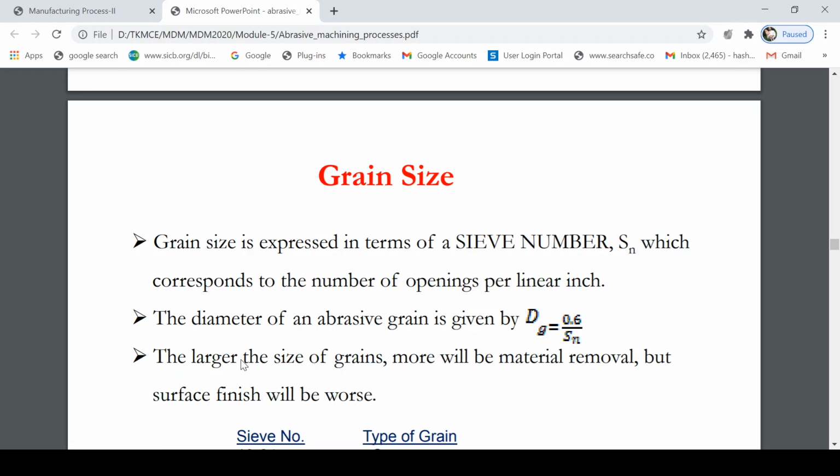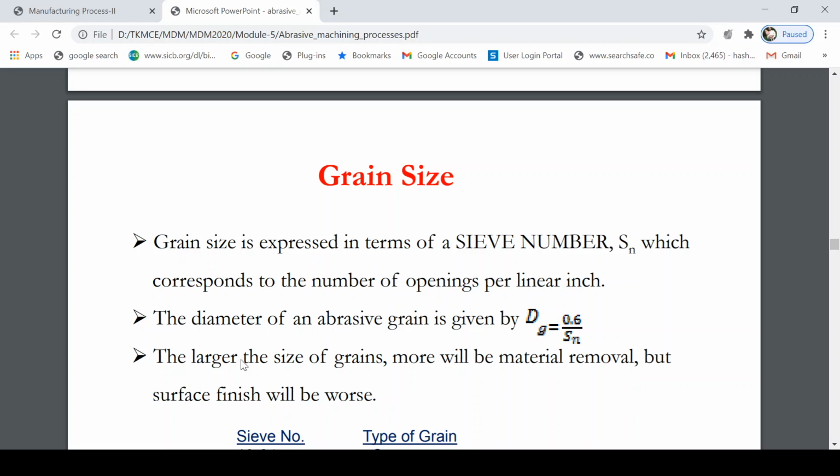Another important parameter of the grinding wheel is the grain size of the abrasive particle. The first one is the type of abrasive particle, then the second one is the grain size. Grain size is expressed in terms of sieve number Sn, which corresponds to the number of openings per linear inch.